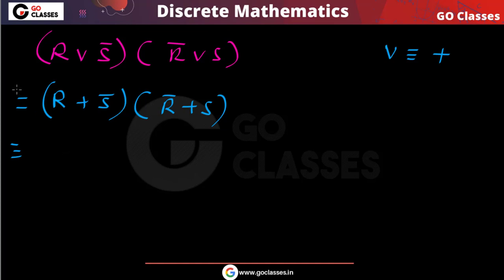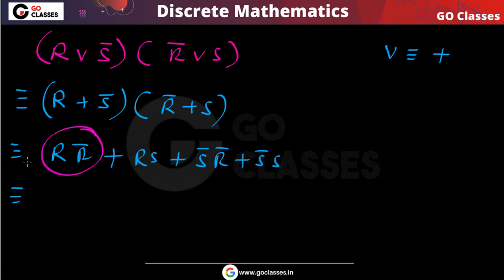Now what will this become? Now you can apply the distributive property. So it will become r bar r, or r bar s, or s bar r, or s bar s. Now we already know that r bar r is false, and we also know that s bar s is false, and false or anything is basically alpha.